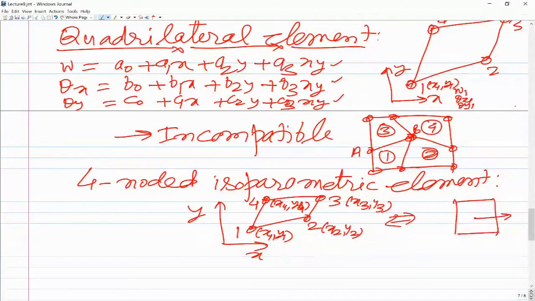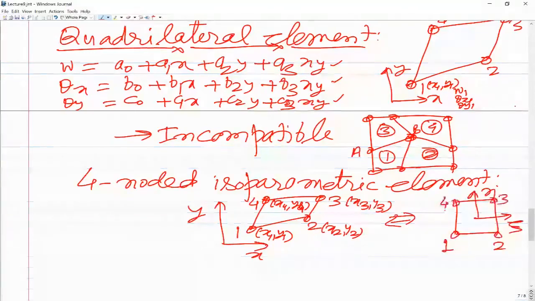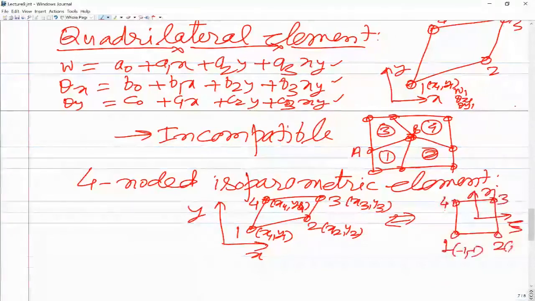Node 1 in the physical coordinate space corresponds to node 1 in the natural coordinate space. Similarly, 2, 3, and 4. The coordinates of these nodes are -1, -1, then 1, -1, then 1, 1, and this is -1, 1.